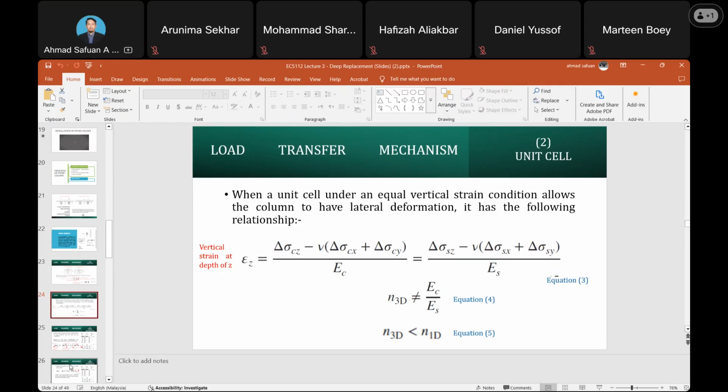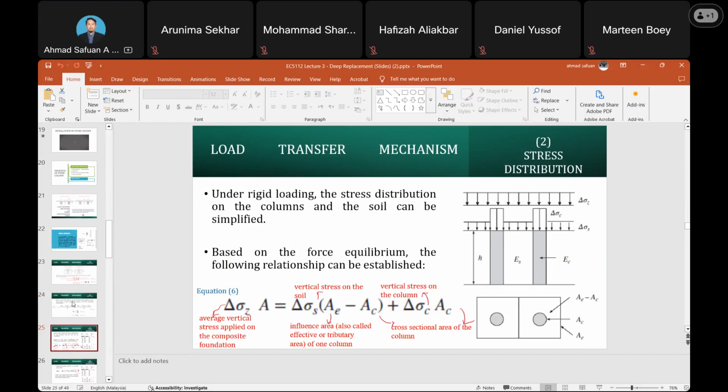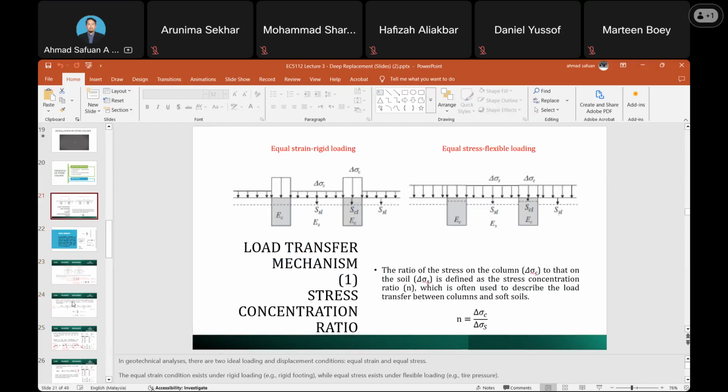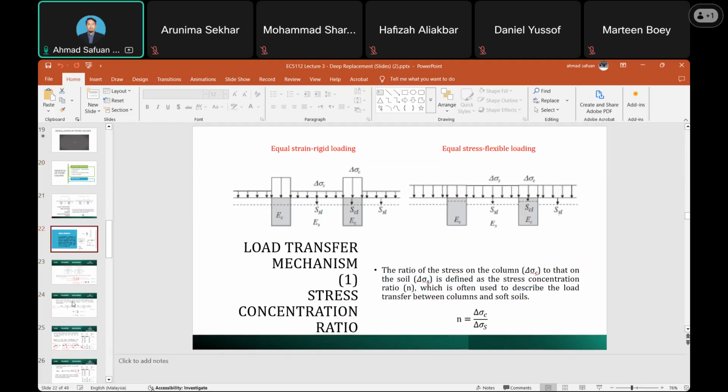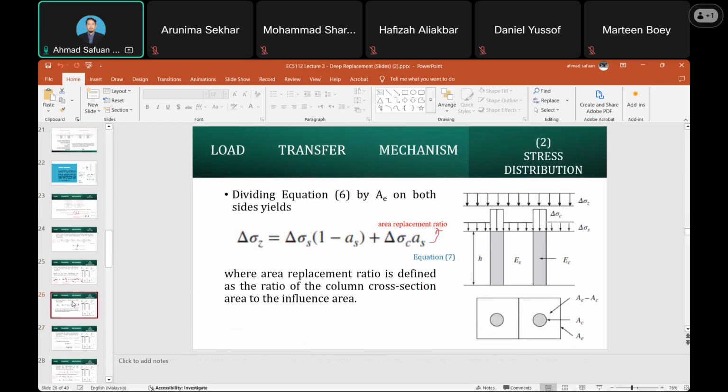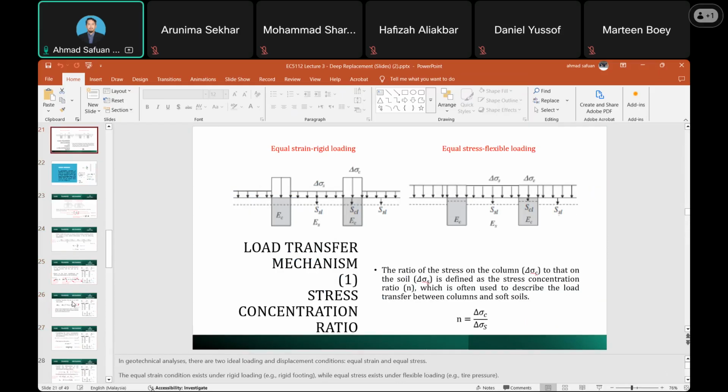Therefore, the stress concentration ratio for 1D is higher than the stress concentration ratio for 3D. So that is for the unit cell.